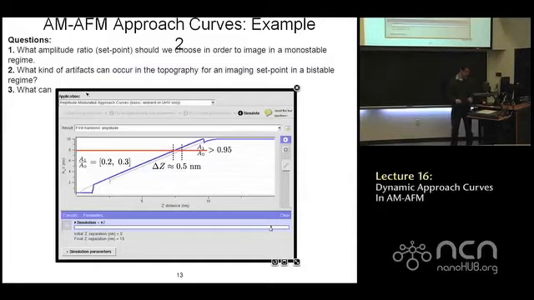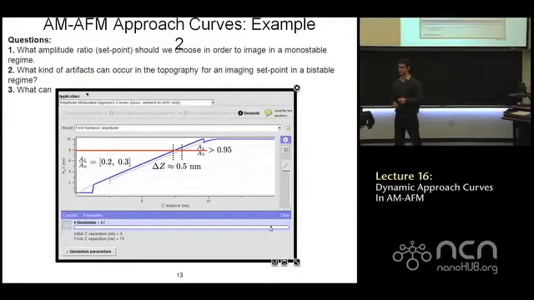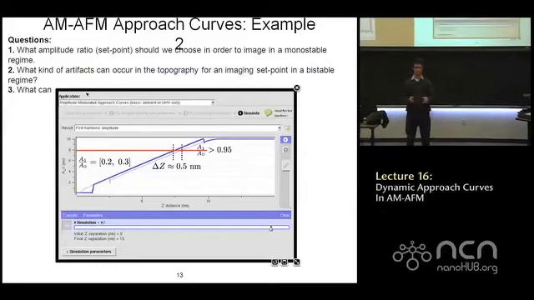But what we can do is drive the cantilever with a larger amplitude. If you think about it, you're putting more energy into the oscillation of the cantilever, and it's going to be harder for the same attractive forces to reduce the amplitude.